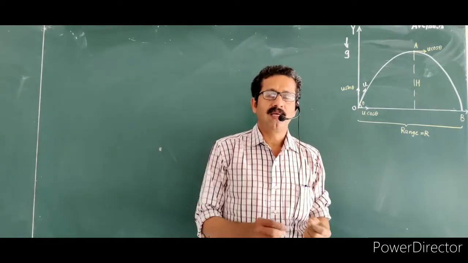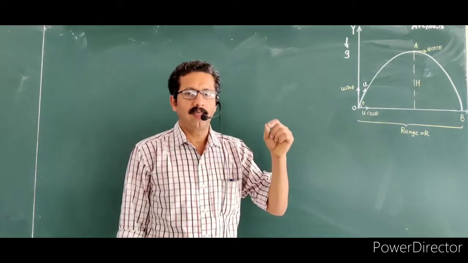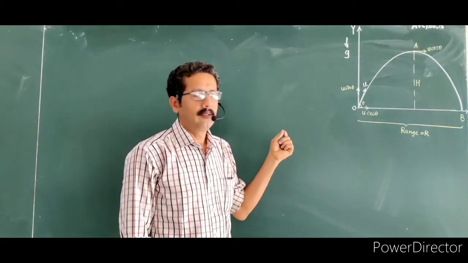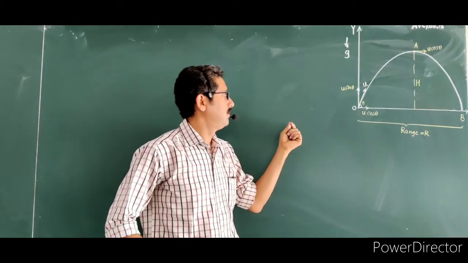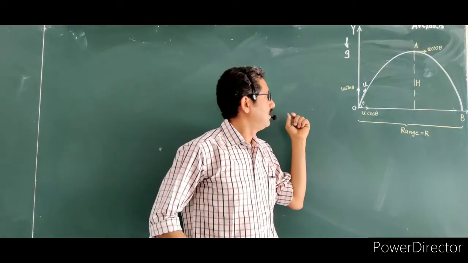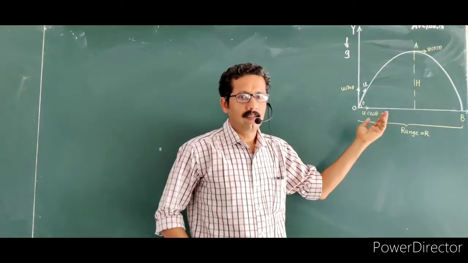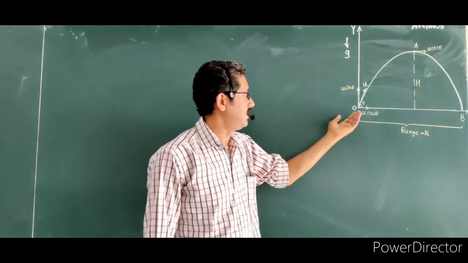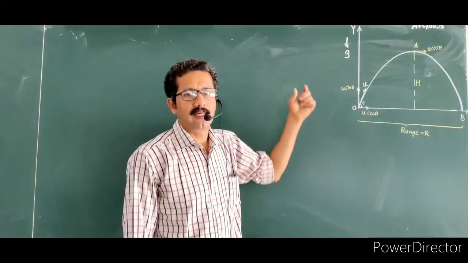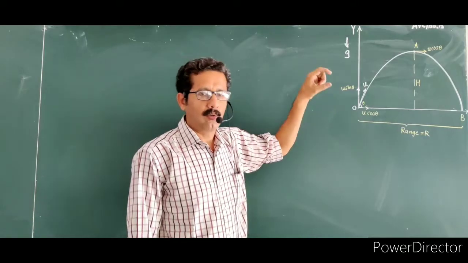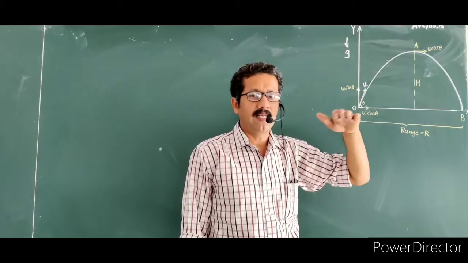By knowing this, we have calculated several things, and the most important thing which we all have to remember in projectile motion is that the velocity along the x-axis remains constant, u cos theta, it is not accelerated, whereas the component of velocity u sin theta in the vertical direction is an accelerated motion.